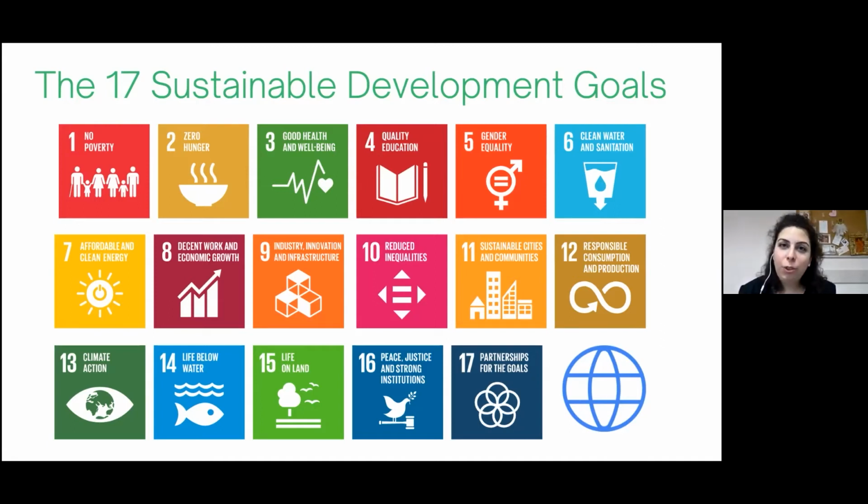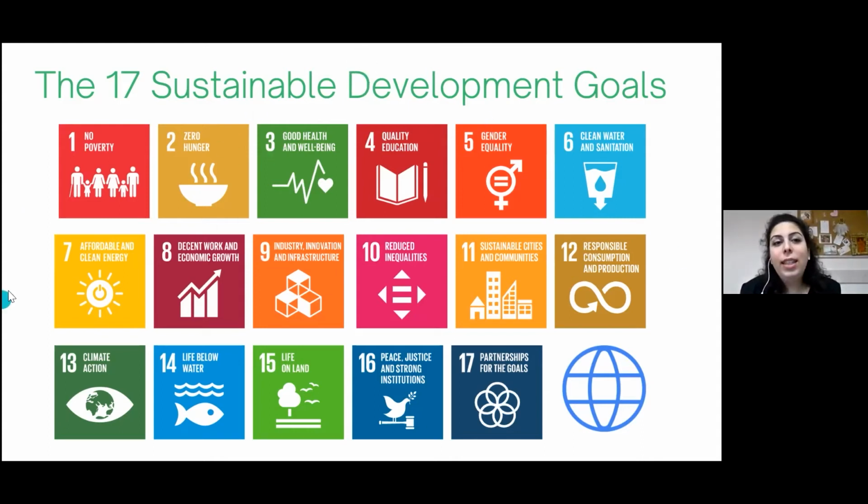So we have to act together. In order to act together, we have to be able to speak the same language in terms of sustainability. The Sustainable Development Goals is a blueprint for us to be able to do that.